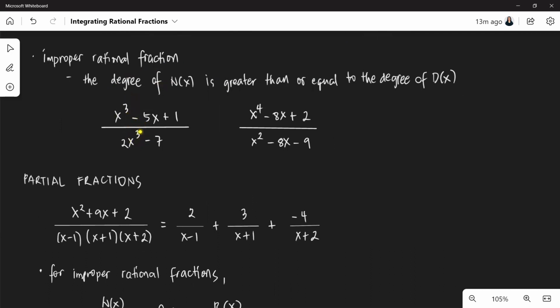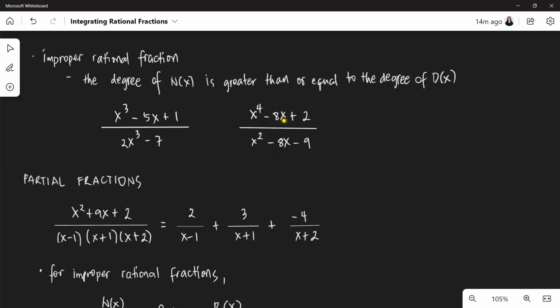So if the degree of the numerator is greater than or equal to the degree of the denominator, then it's an improper rational fraction. Another example is this one, wherein the degree of the numerator is 4 and the degree of the denominator is 2. So 4 is greater than 2. So this is an improper rational fraction.